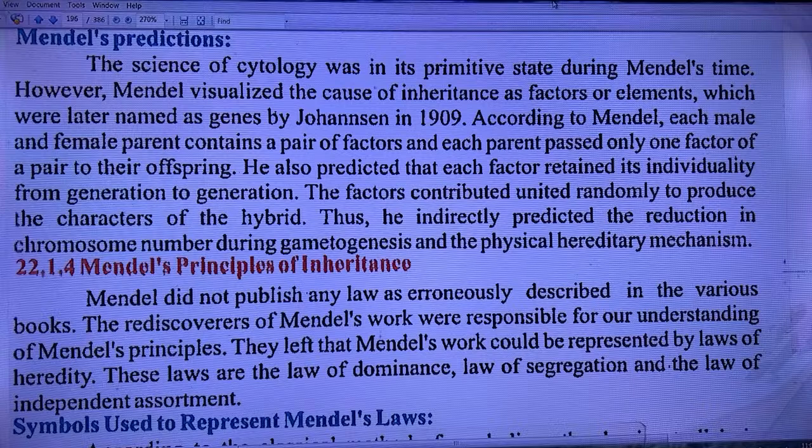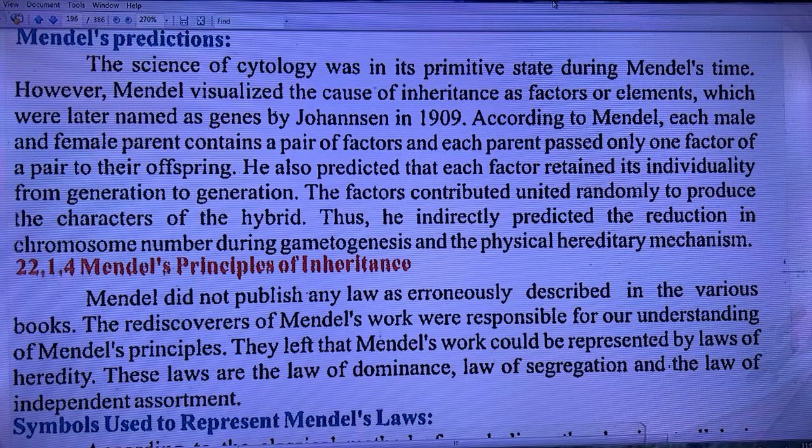He also predicted that each factor retained its individuality from generation to generation. The factors contributed united randomly to produce the characters of the hybrid. Thus, he indirectly predicted the reduction in chromosome number during gametogenesis and a physical hereditary mechanism.